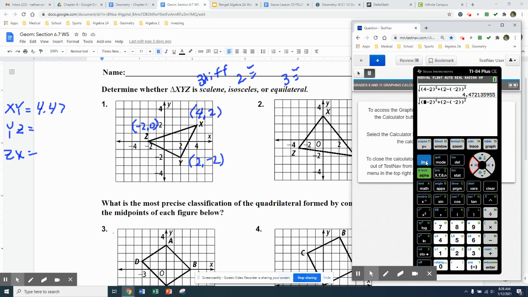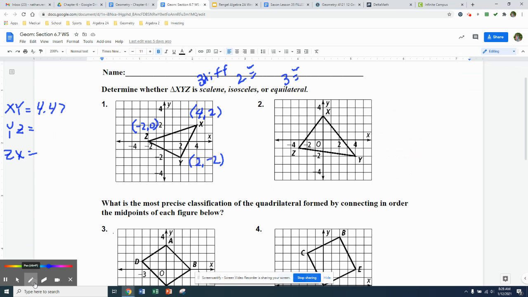So I'm going to hit second insert, which is second delete, put in negative 2, and then delete that. So negative 2 minus 2. And then I'm going to put a 0 in for my y point. Remember, this 2 right here was the y coordinate of my x. So I'm going to put a 0 in for that. And we get our next distance, which ends up being 4.47.